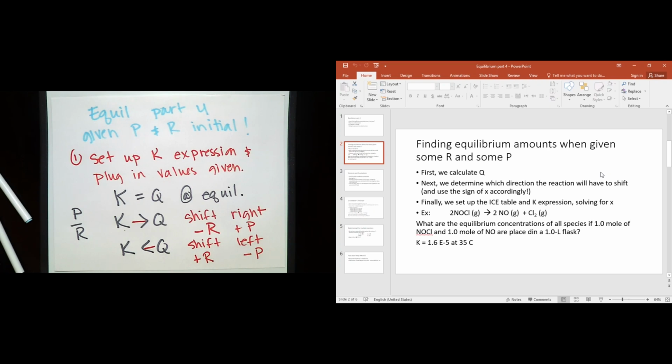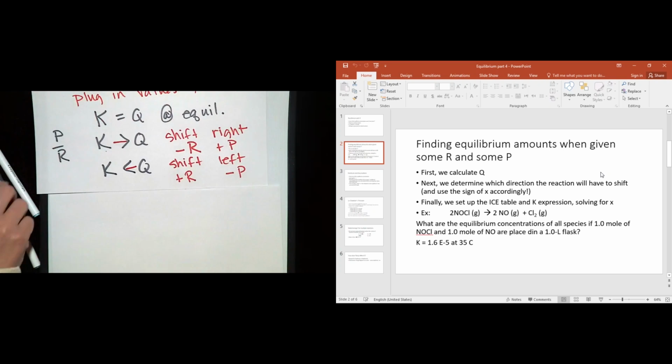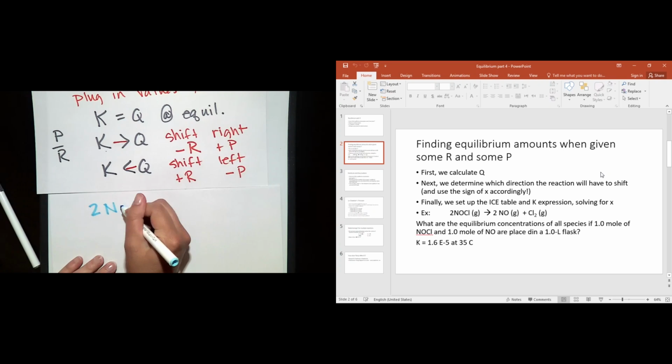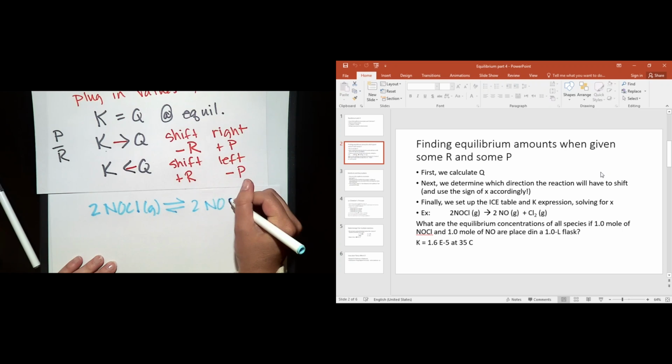Okay, so let's work through an example. So we have 2 NOCl gas forming 2 moles of NO gas and 1 mole of chlorine gas. And I am given an initial amount of, oh, you know what?